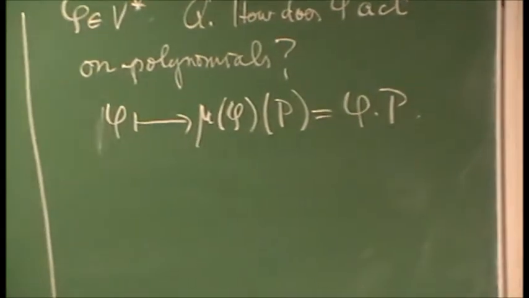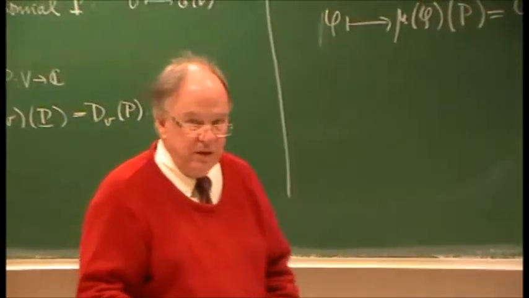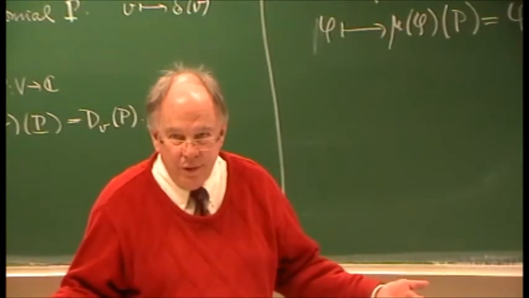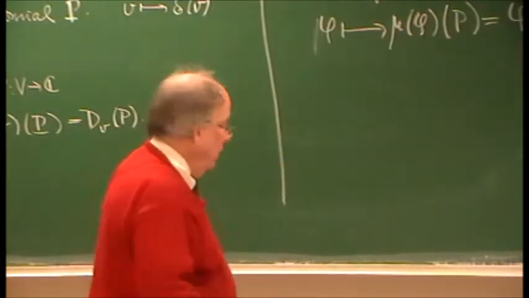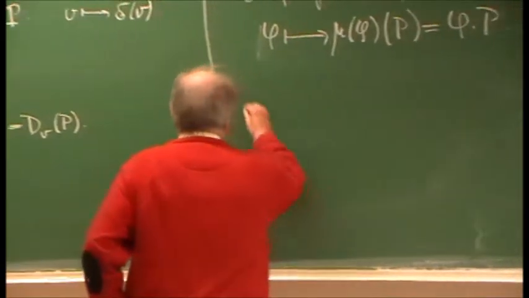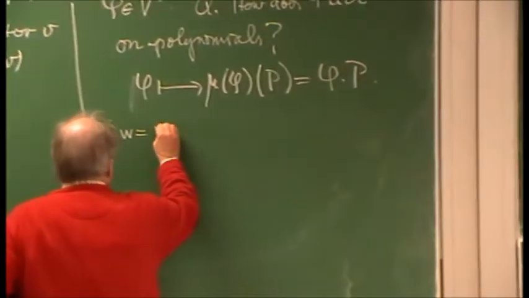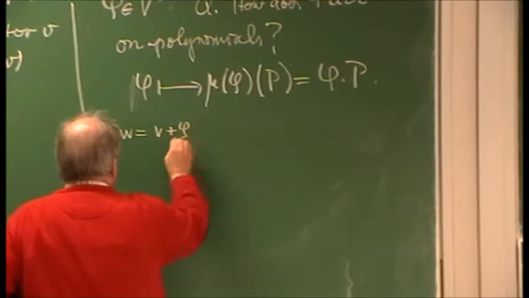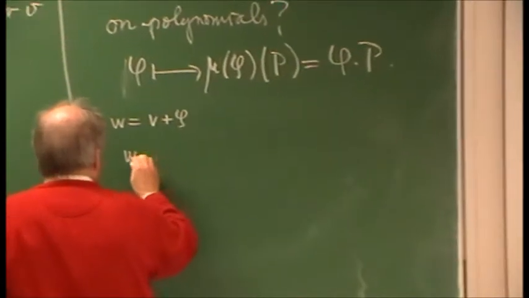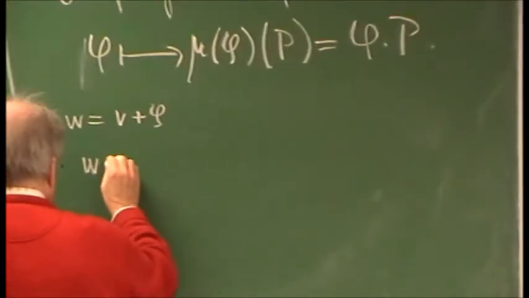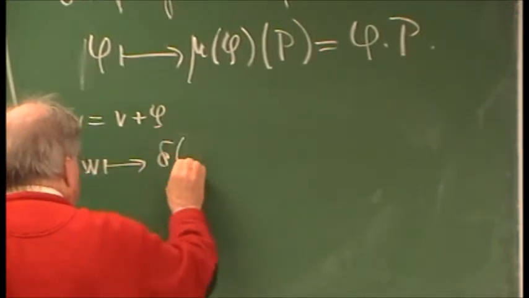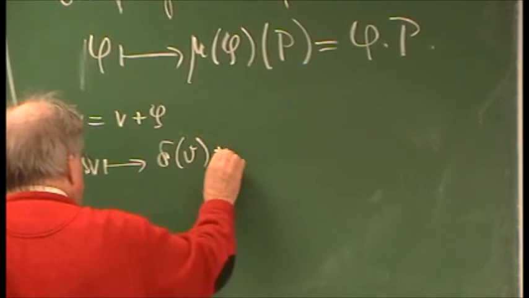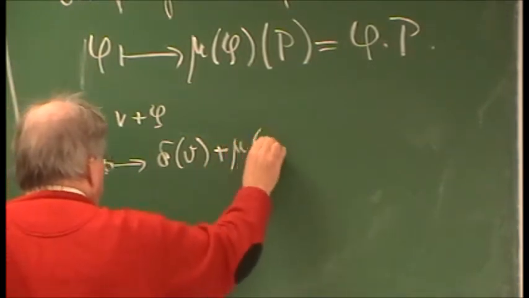Okay? Now, you weren't too fast on that because you're nervous, but you have to admit that's about the only thing you could think of, right? Just differentiating and multiplication. So, W, which is equal to V plus phi, goes to differential operator plus multiplication operator.